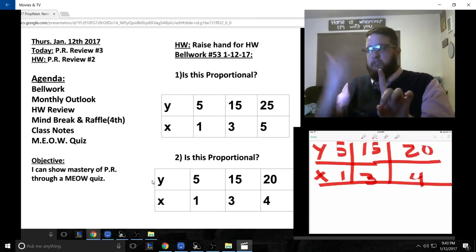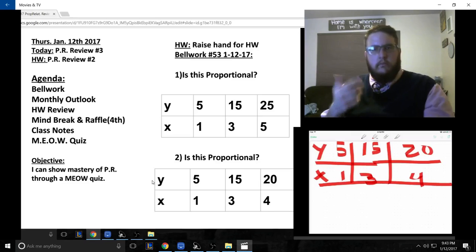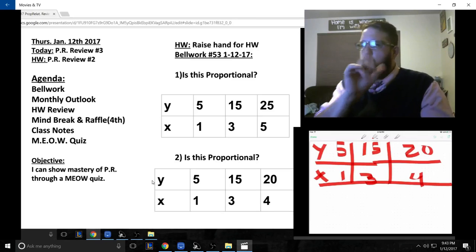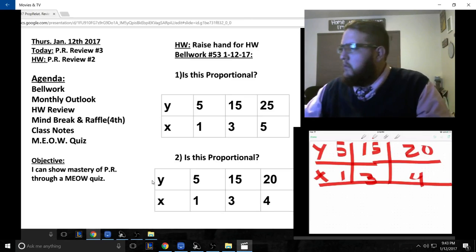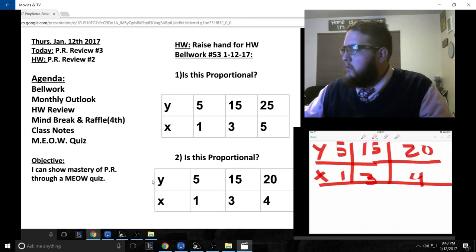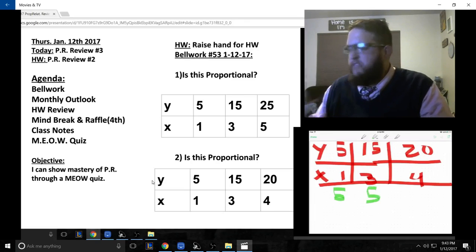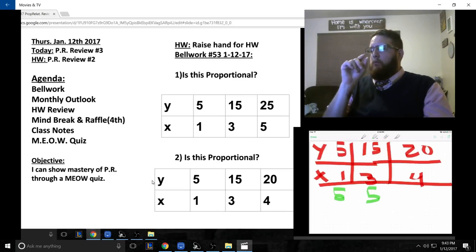So if we just take our old table, we already have set up the ratios and divided for both the first and second points. So the rate of change for our first set is going to be 5, as well as our second set.